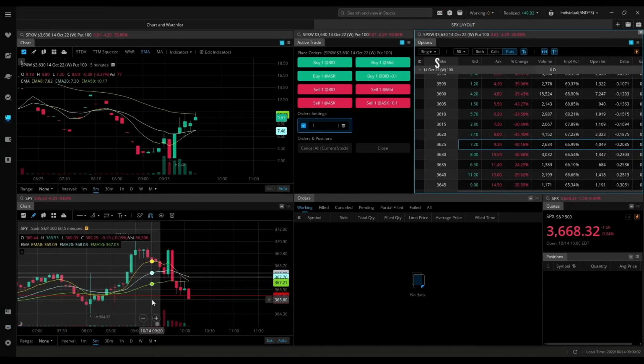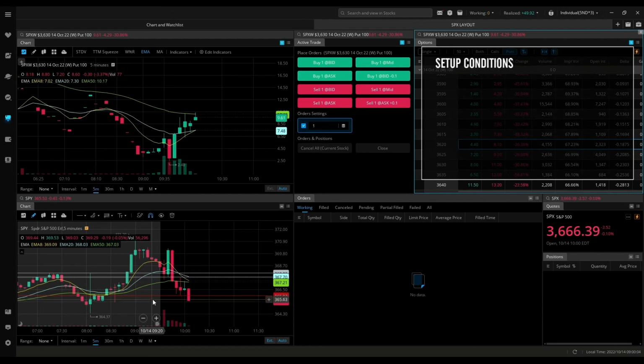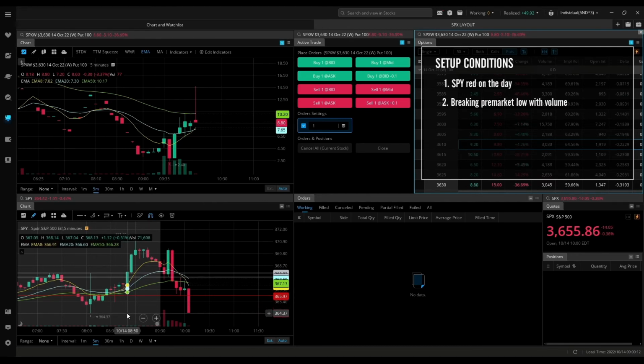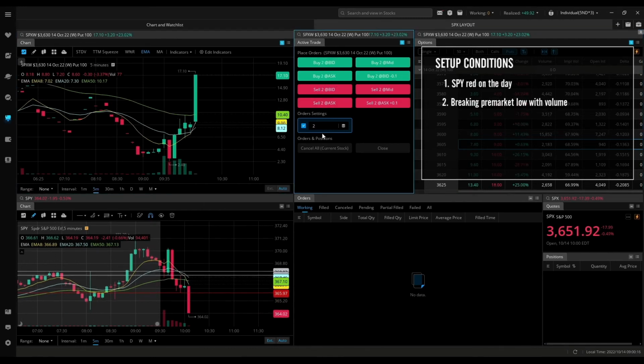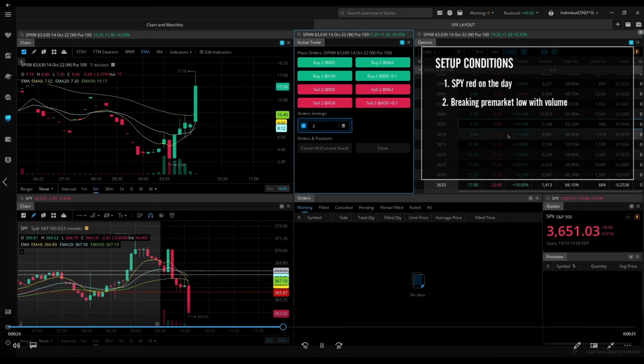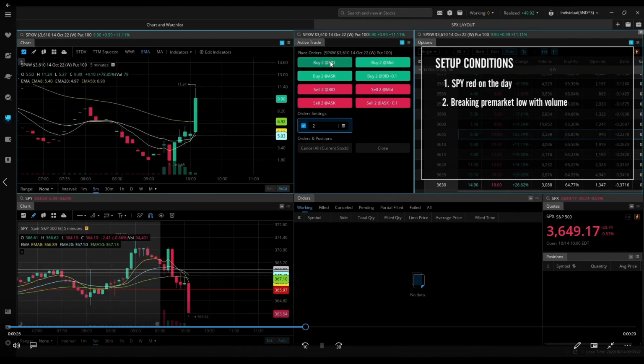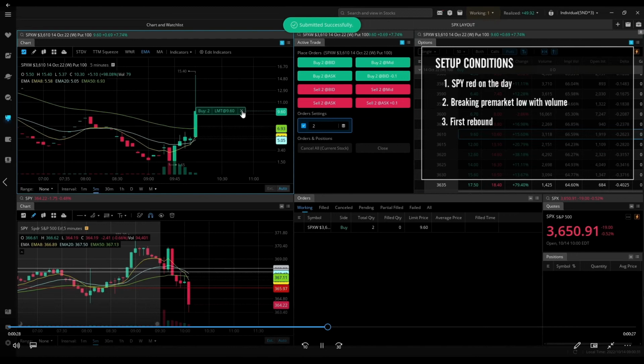So as you could see here, a rebound setup is setting up. SPY is red on the day, so the first condition is met. It's approaching the pre-market lows. Just broke the pre-market low with volume. The first rebound.